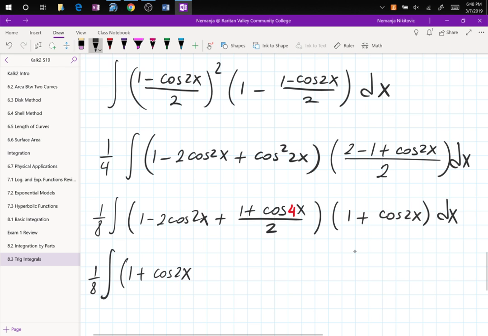So now negative 2 cosine 2x, I picked the worst possible problem I could. Minus, and now I have 2 cosine 2x in there.